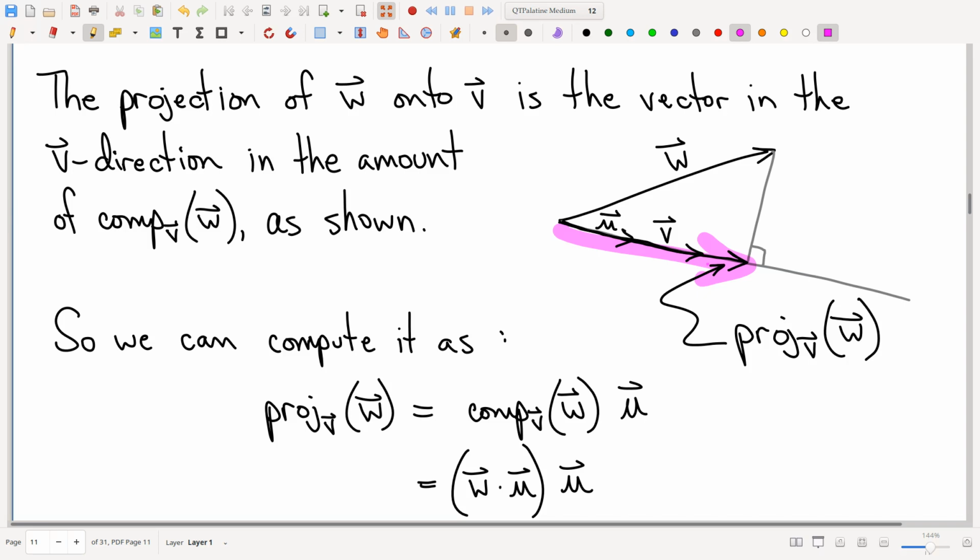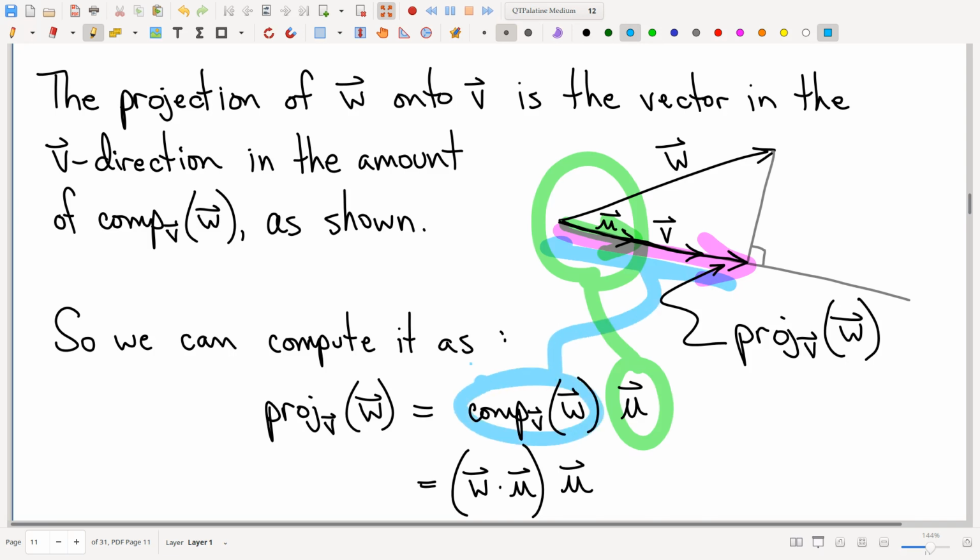And if you know the direction and the magnitude of a vector, then you can easily realize that vector as being the unit vector representing the direction times the scalar representing the magnitude. Direction and magnitude. That's what a vector is.